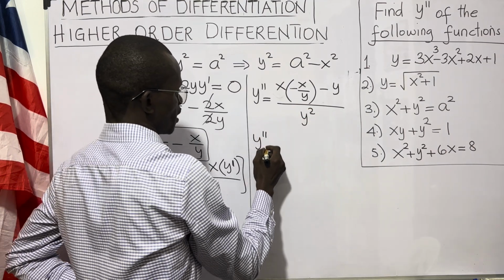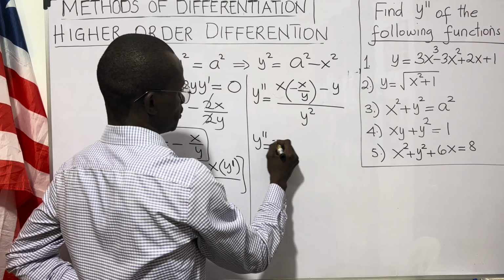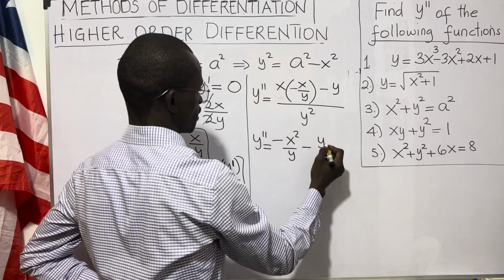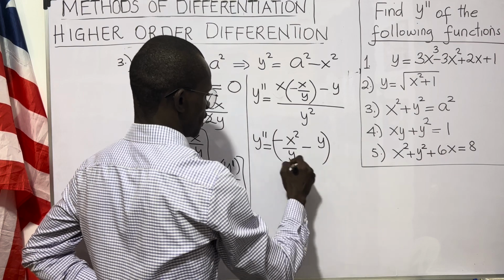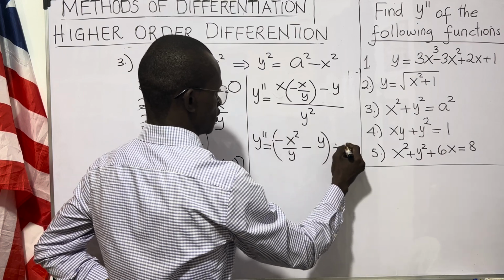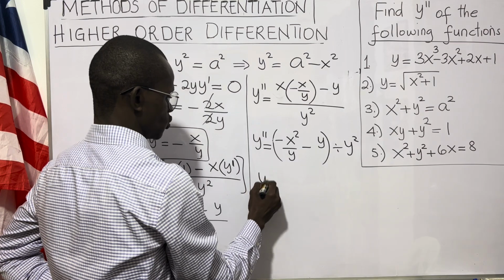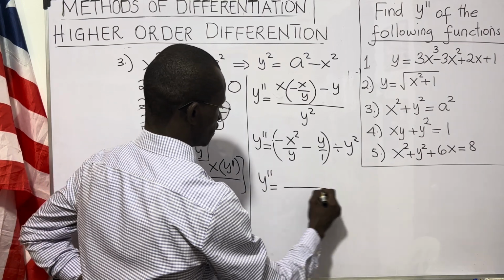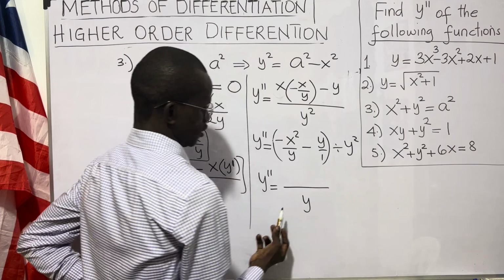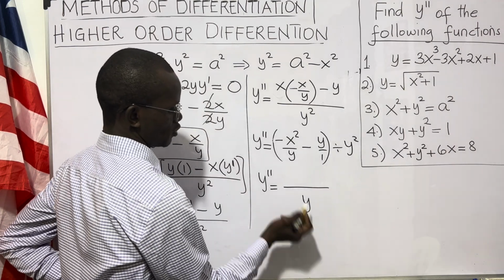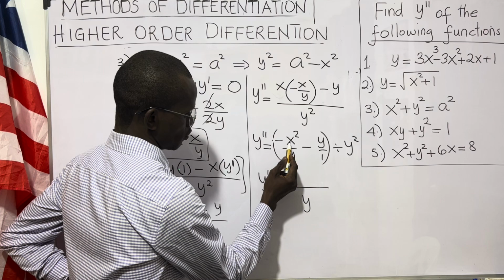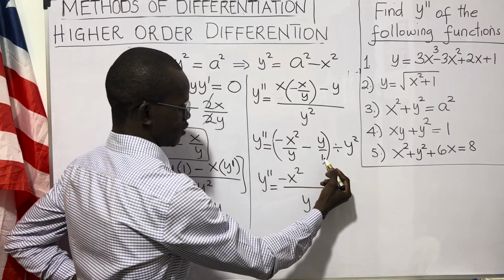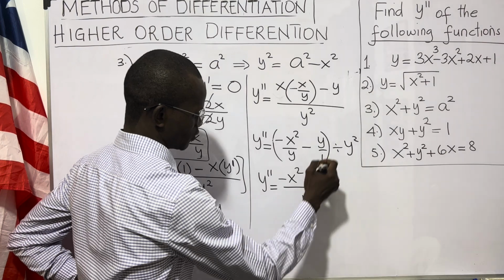So y prime prime equals, we multiply, you have minus x squared all over y, minus y, divided by y squared. So for y prime prime, we find the LCD is just y. So we have y into y: one times minus x is minus x squared, and one into y is y times y is y squared.